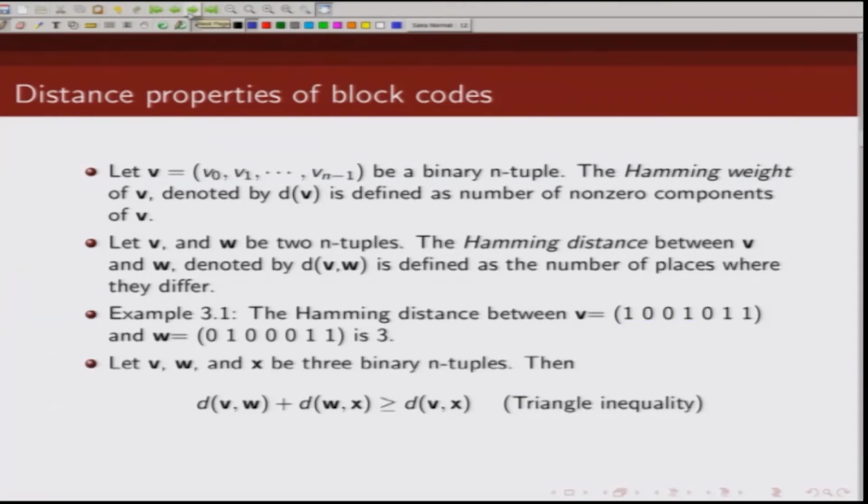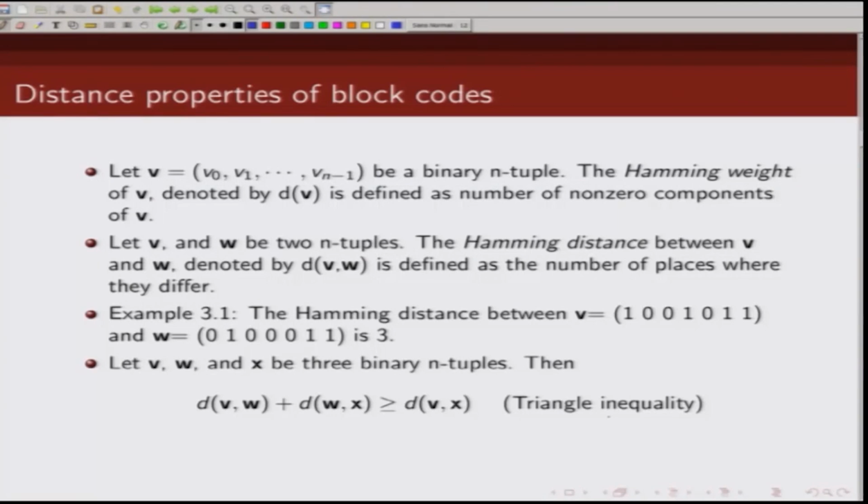Now, if V, W, X are 3 binary n tuples, then the Hamming distance between V and W, the Hamming distance between W and X, and the Hamming distance between V and X satisfy an inequality, which is known as the triangle inequality.